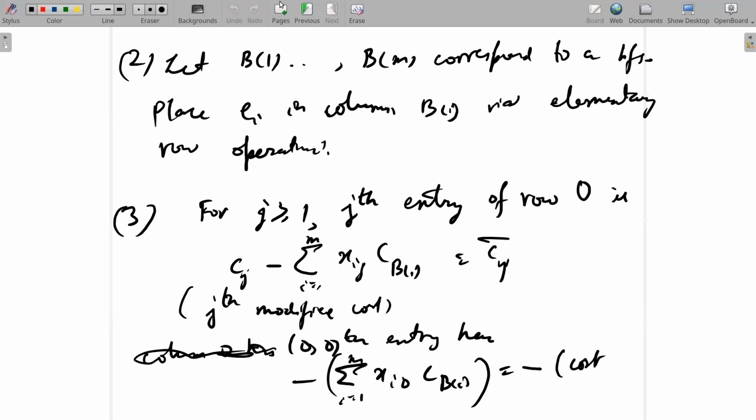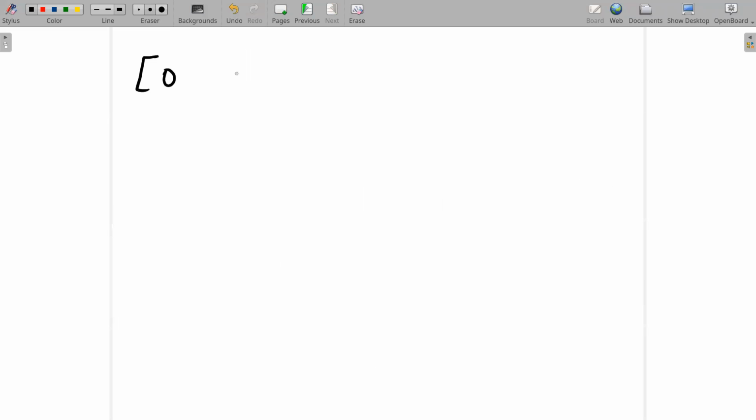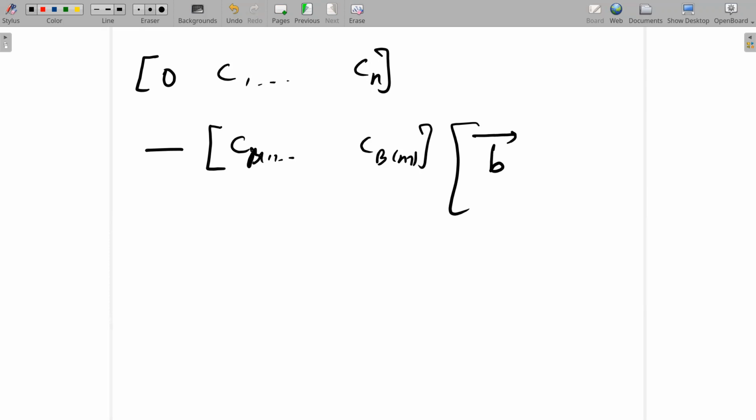So what I'm doing is I'm thinking of the first row as 0, C1, C2, Cn. Then I'm subtracting CB1 all the way up to CBm times this extended matrix, which is B. This is the first or the 0th column, if that is the way we are indexing it.